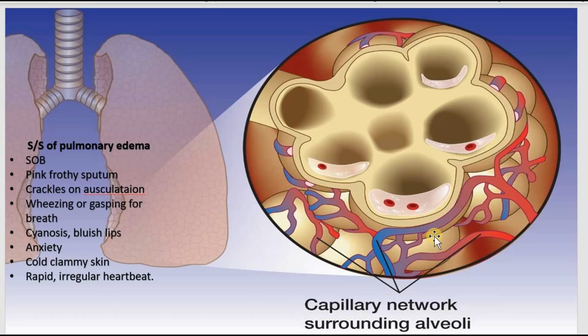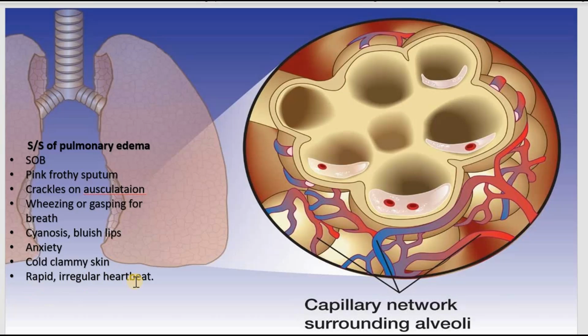It's because the fluid as well as small RBCs may leak into the lung alveoli, causing pink frothy sputum. When you auscultate, you will hear crackles, wheezing, or gasping for breath. Signs and symptoms of hypoxia include anxiety, cyanosis, bluish lips, cold clammy skin, and rapid and irregular heartbeat.